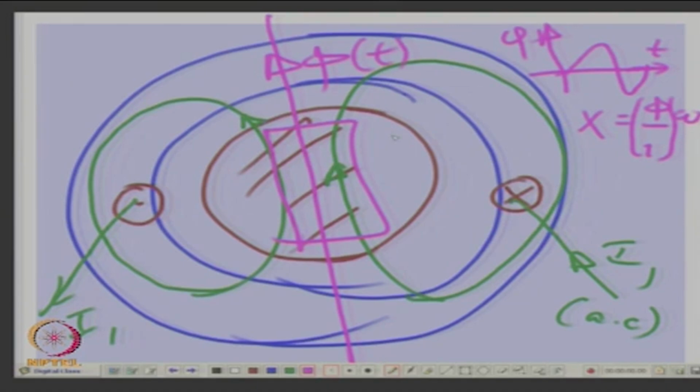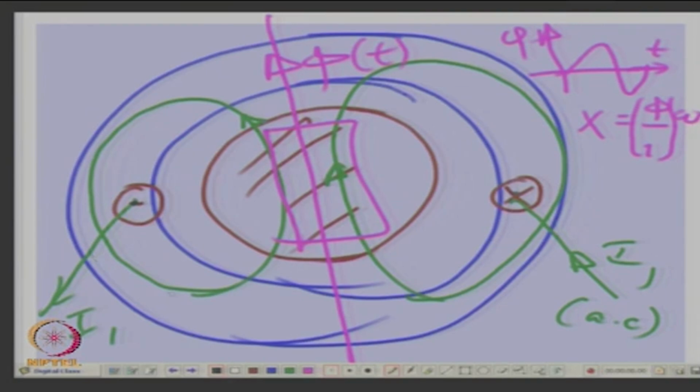Then for our concept of rotating field theory, what is this flux doing? The flux is inducing a voltage in the winding, by Faraday's law, d phi by dt. That is what this time varying flux is doing.